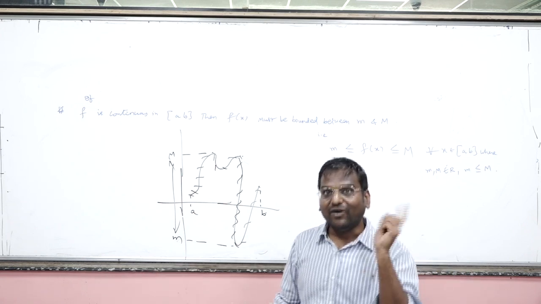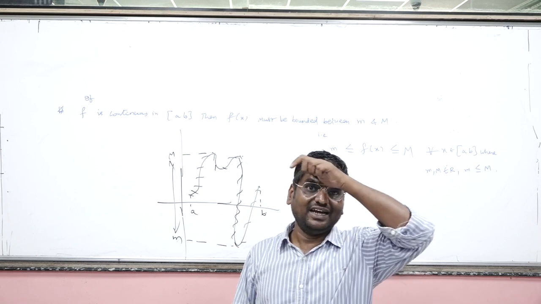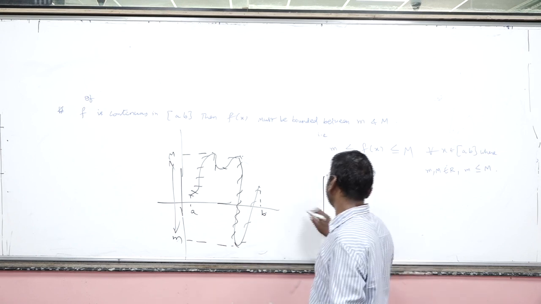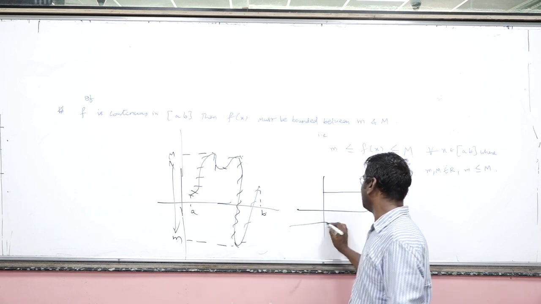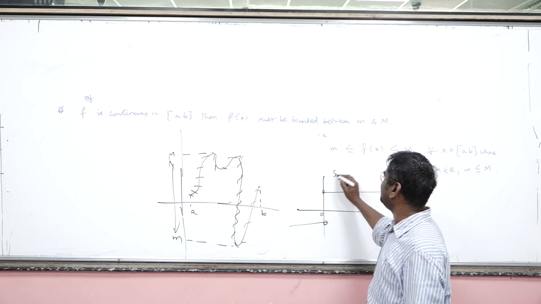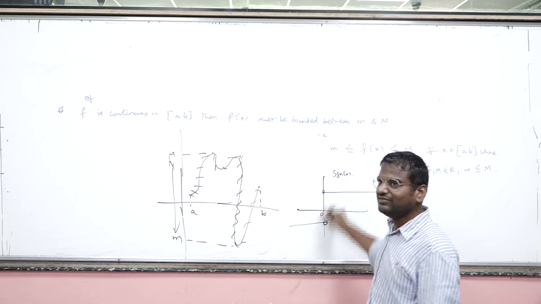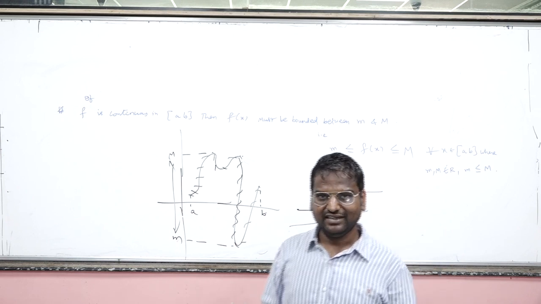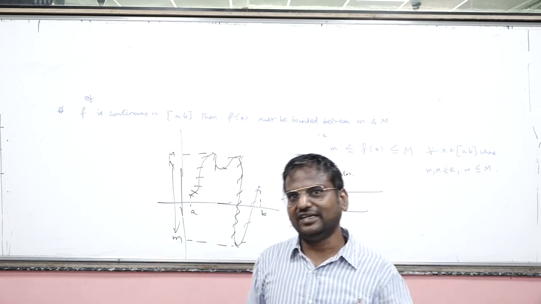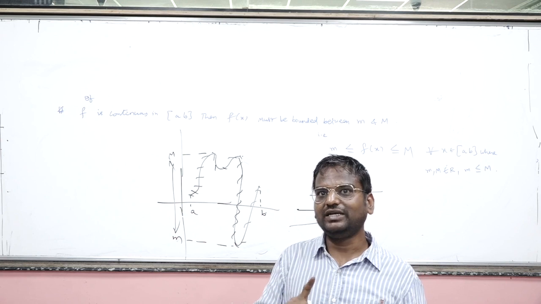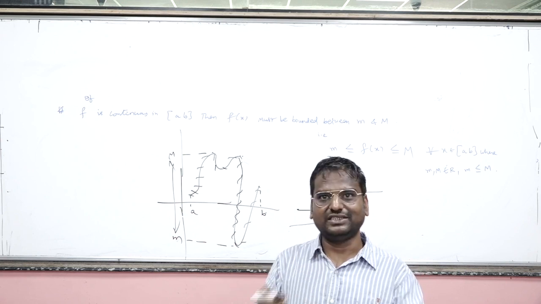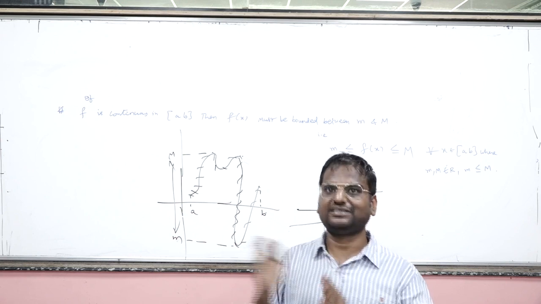On the other hand, boundedness doesn't guarantee continuity. For example, the signum function. This is sgn x. It is definitely bounded between minus 1 and plus 1. Boundedness, but it is a discontinuous function. So don't take converses. Take only the direct statement.